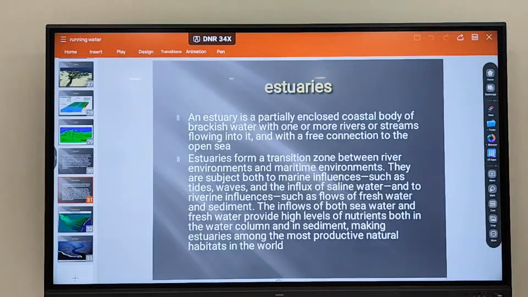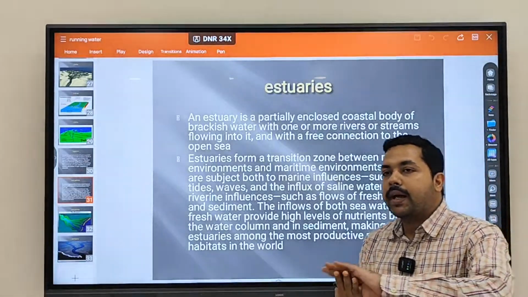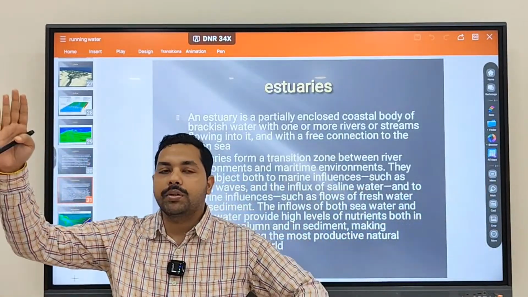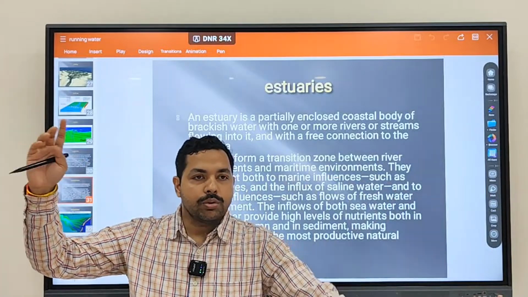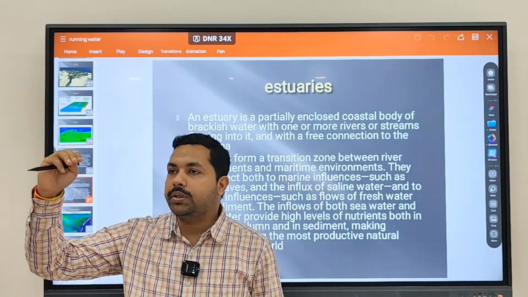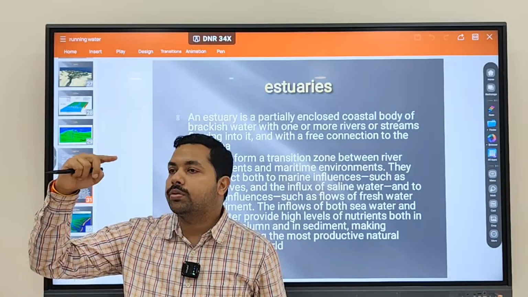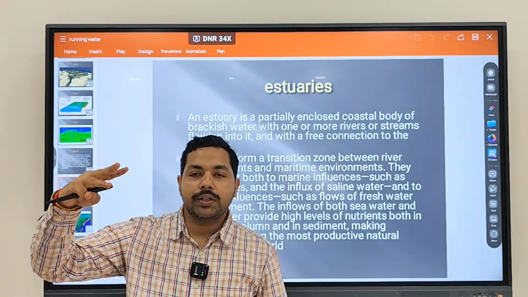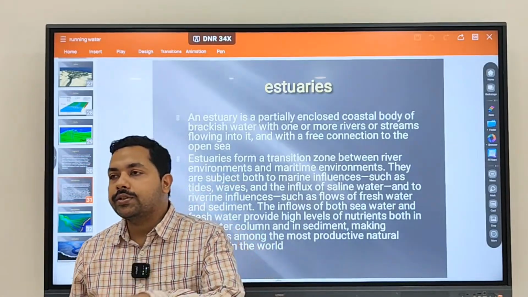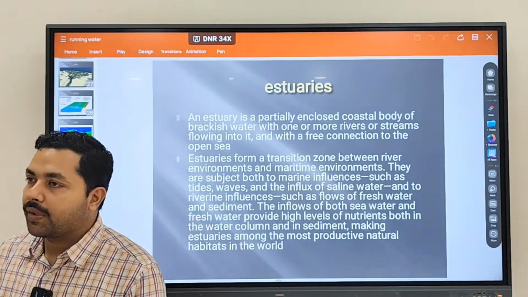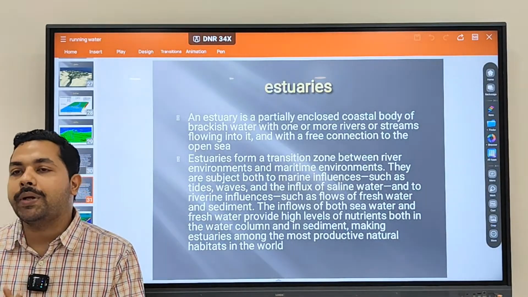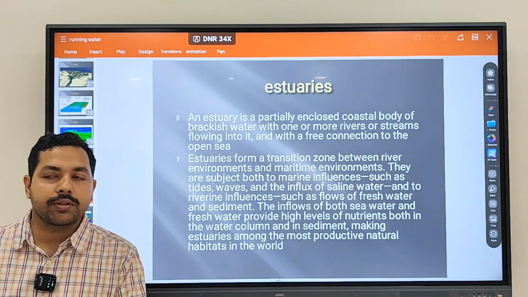Fine. What you have to keep in mind is that rivers flow from the upper course to the lower course. In the upper course, waterfalls are formed, gorges or canyons are formed, and river captures occur. In the middle course, meanders form, slip-off slopes or river cliffs form, and interlocking spurs form.